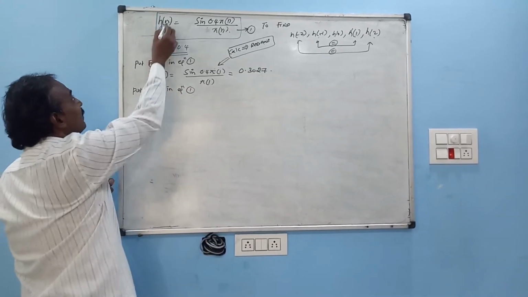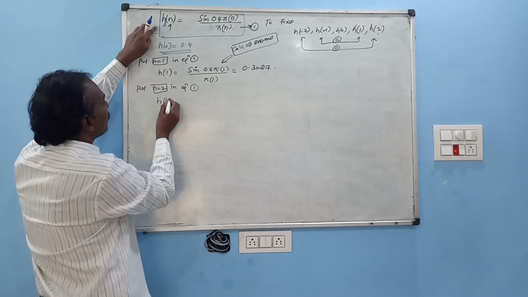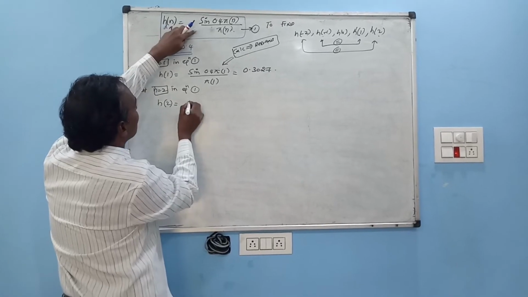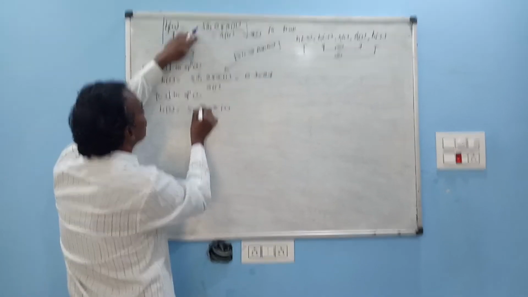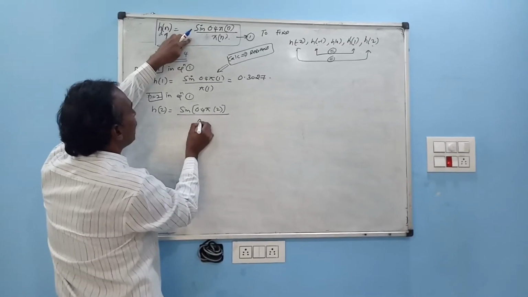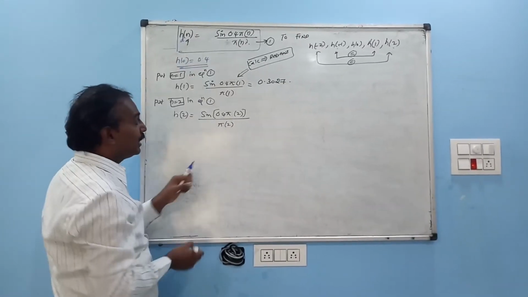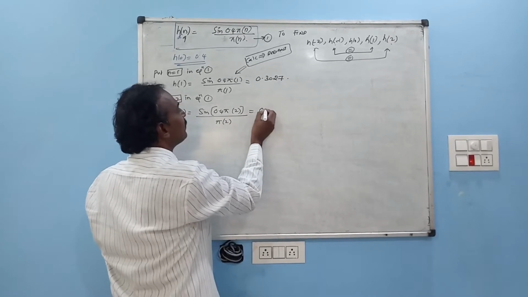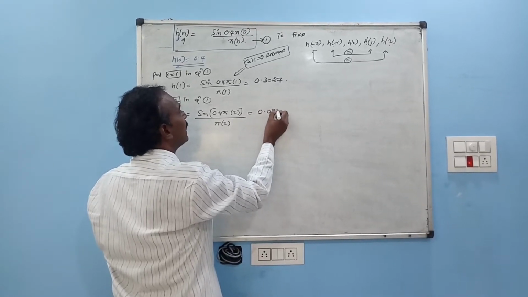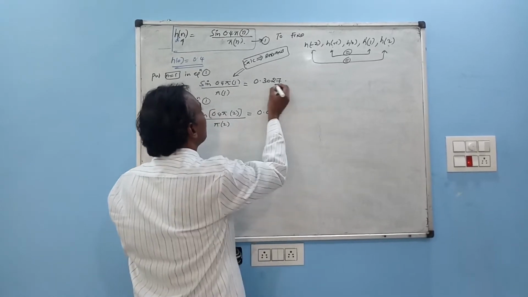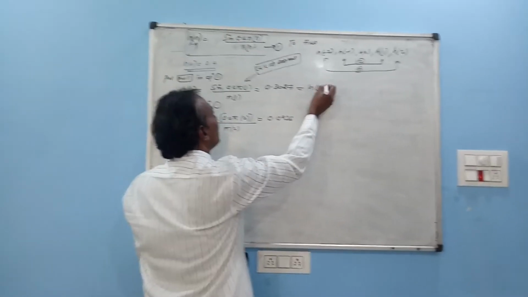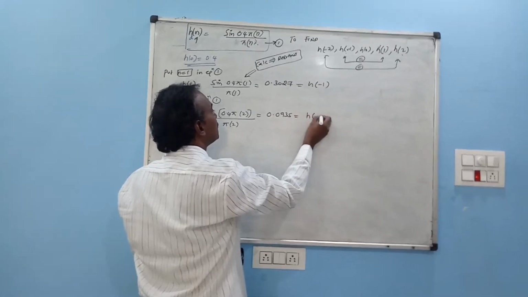Now what I will get when I put n is equal to 2, this h of 2 is nothing but sin(0.4 pi into 2) by pi into 2. So this value if I observe is 0.0935357, or you can say 0.0935. Now this h of 1 is nothing but h of minus 1, this h of 2 is nothing but h of minus 2.